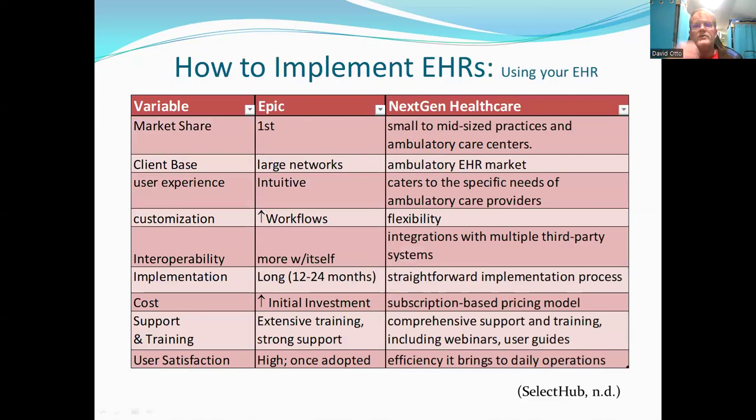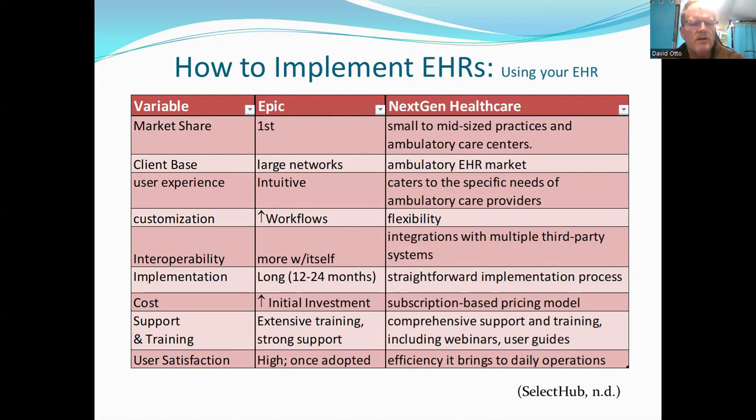Now, comparing Epic with NextGen Healthcare, we have the same variables listed on the left, and the comparison is as follows. Market share, Epic is still first, obviously, and then NextGen is a small to mid-size software for practices that focus more on ambulatory care. So ambulatory care centers.